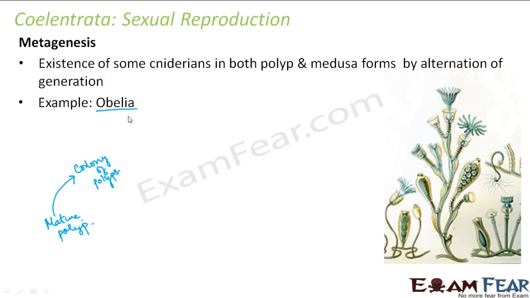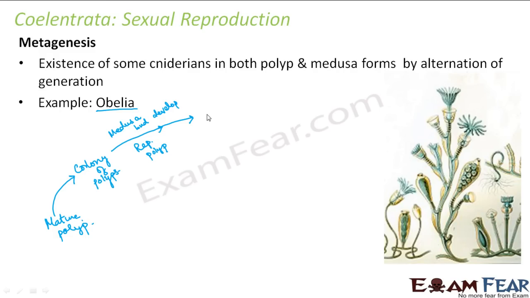Now from this colony of polyps, there will be some reproductive polyps. Not all will be reproductive, but maybe there will be some reproductive polyps, and on that reproductive polyp a medusa bud develops.